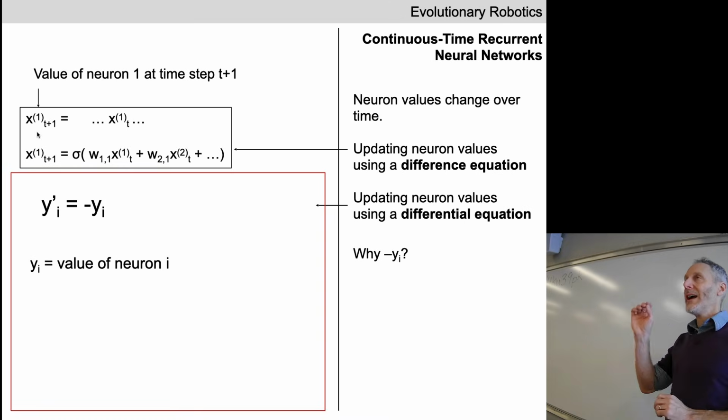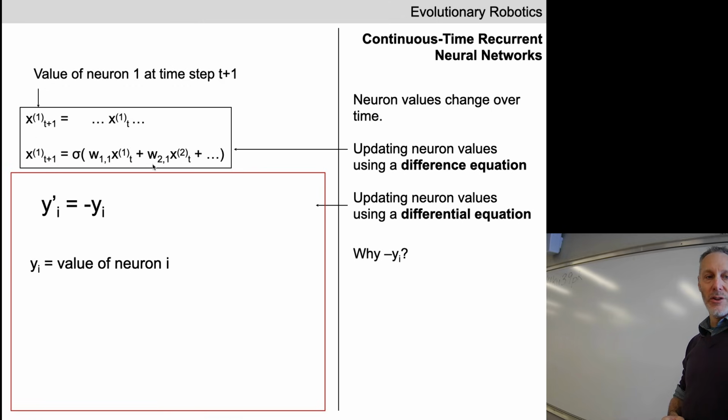Let's go back up here and revisit our understanding of how normal neural networks work, discrete time neural networks. If we want to describe the value of neurons inside a neural network, we can write it as follows. x is the value of the neuron at a certain time. That's going to be the subscript. And the superscript, put in brackets to remind us that this is not an exponent, is the index.